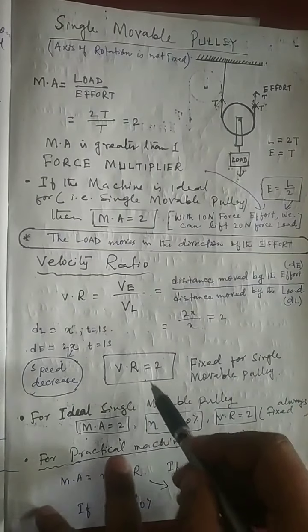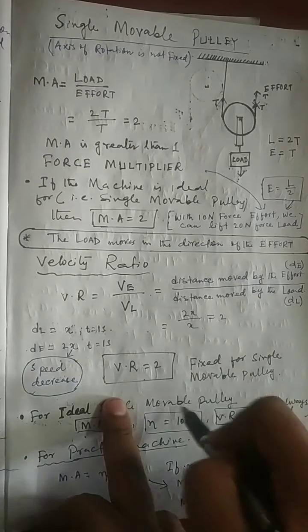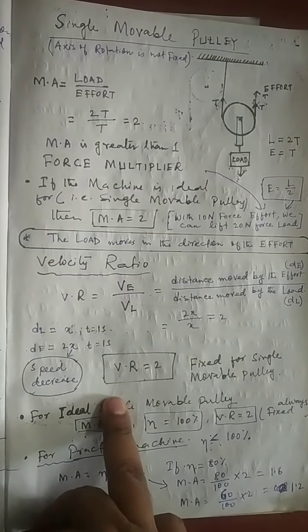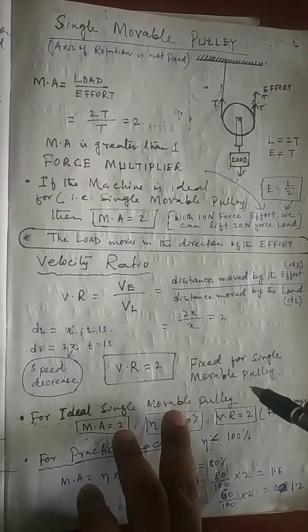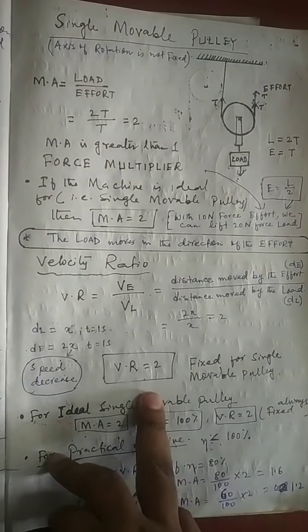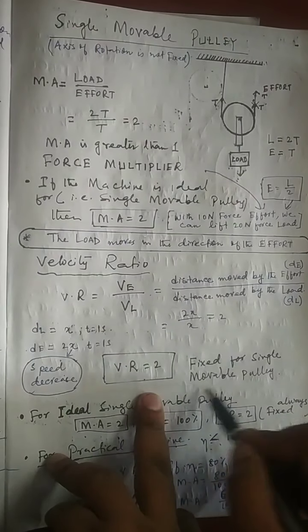Now VR: when we make any machine, the velocity ratio of that machine is fixed at the time of making. So VR equal to 2 is a fixed value for a single movable pulley.